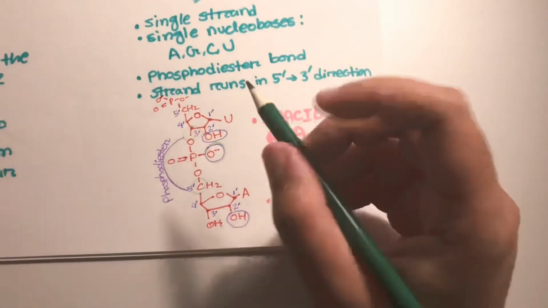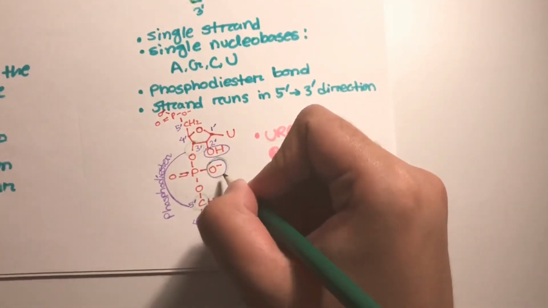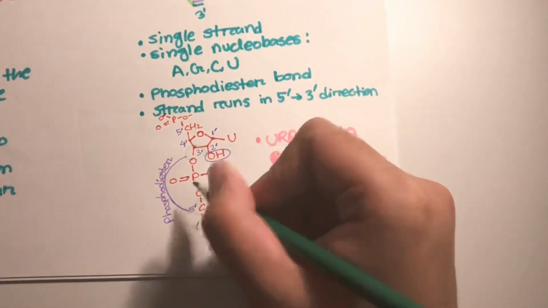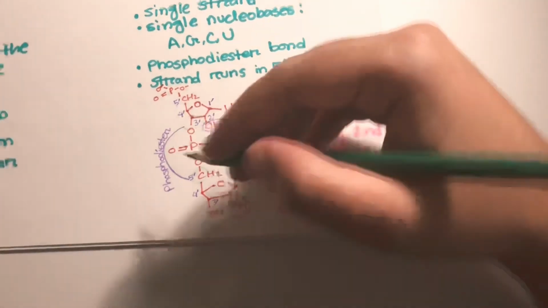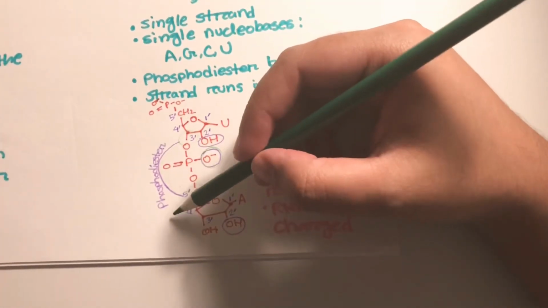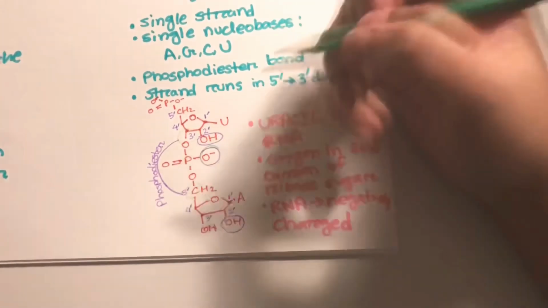Similarly to DNA, RNA is also negatively charged because of the presence of this anion here in the phosphate group. RNA is negatively charged. I have written a bit more detail about the phosphodiester bond in the description section of this video.